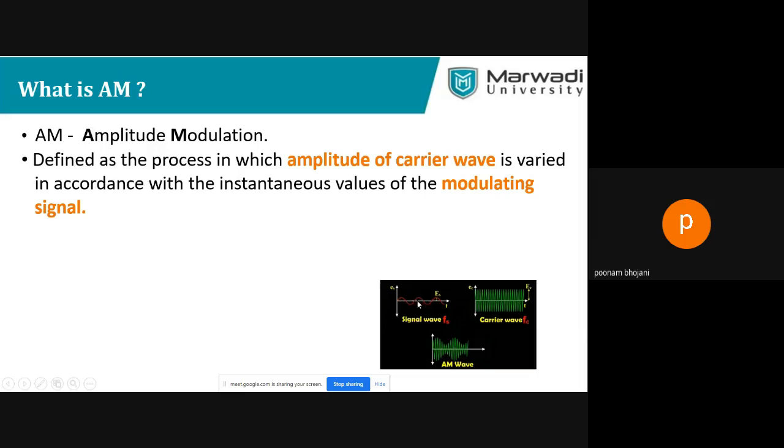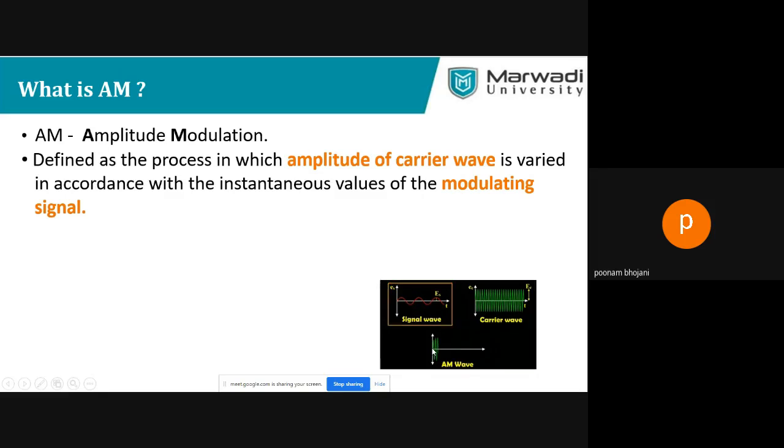This is your signal wave, that is your modulating signal. It is known as message signal or information signal or modulating signal. This is known as carrier wave. If you superimpose this carrier wave over the signal wave, then what will happen? You will get this frequency, but the amplitude of the carrier signal will vary in accordance with the value of this signal.